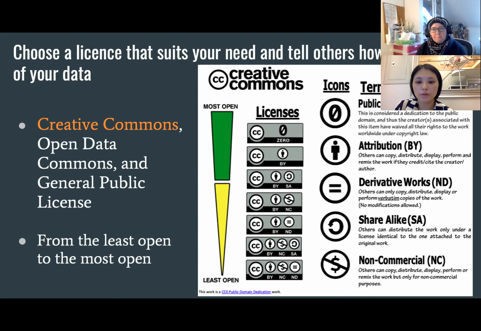So if you add more terms to your license, then your work is less open. To optimize the reuse of data, you may want to choose CC BY or CC0. So this is the license from Creative Commons.